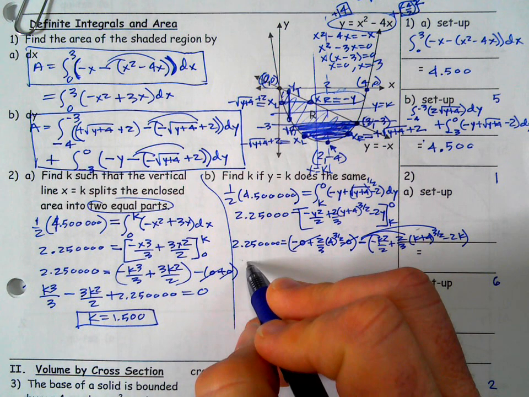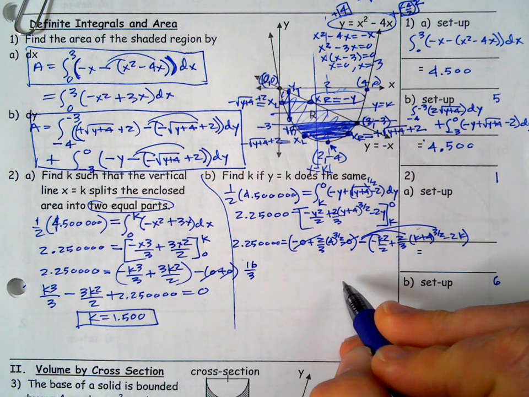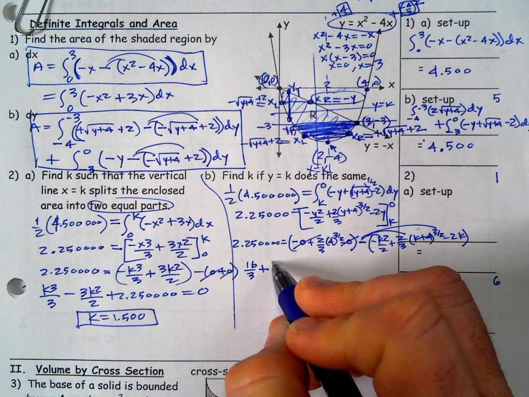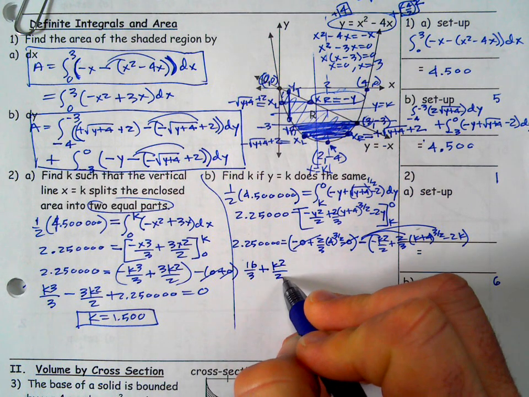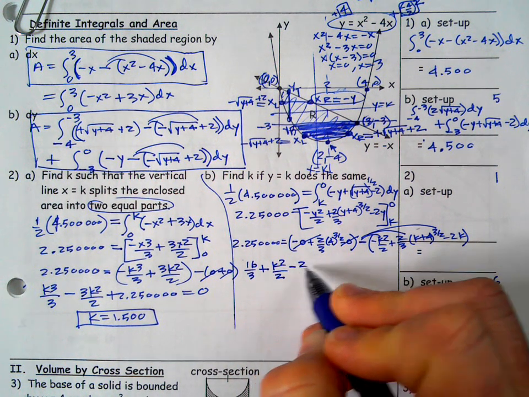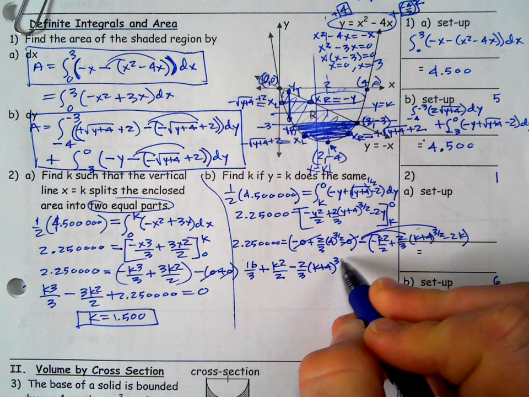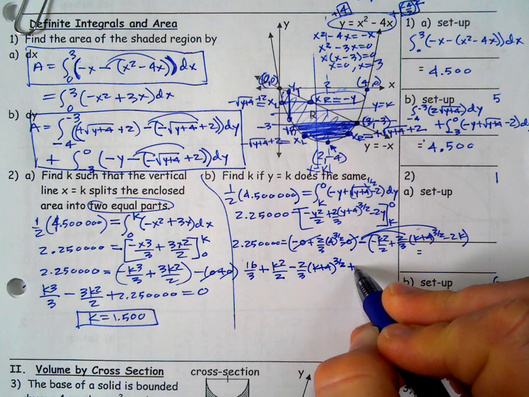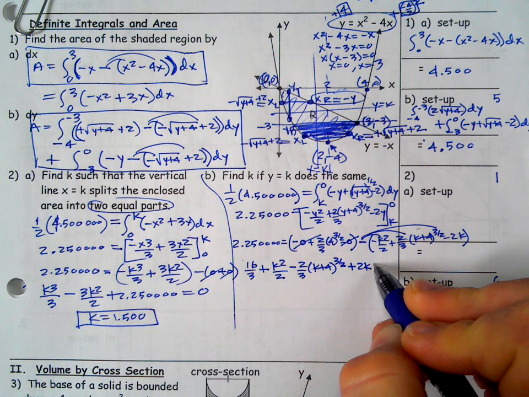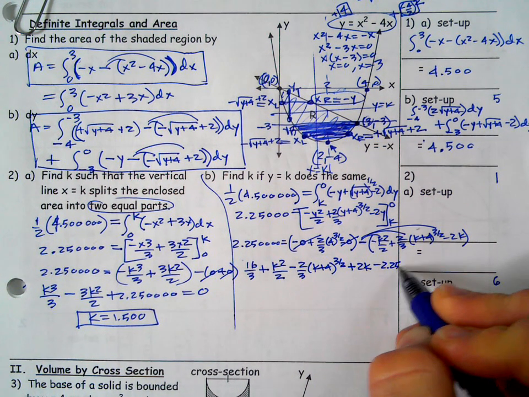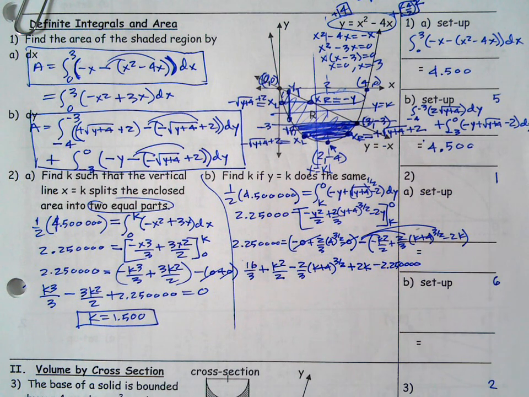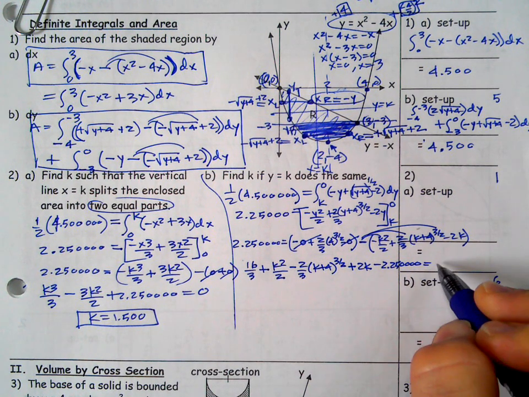That's 16/3 plus k squared over 2 minus 2/3 k plus 4 to the 3/2 plus 2k minus 2.250000 equals 0.